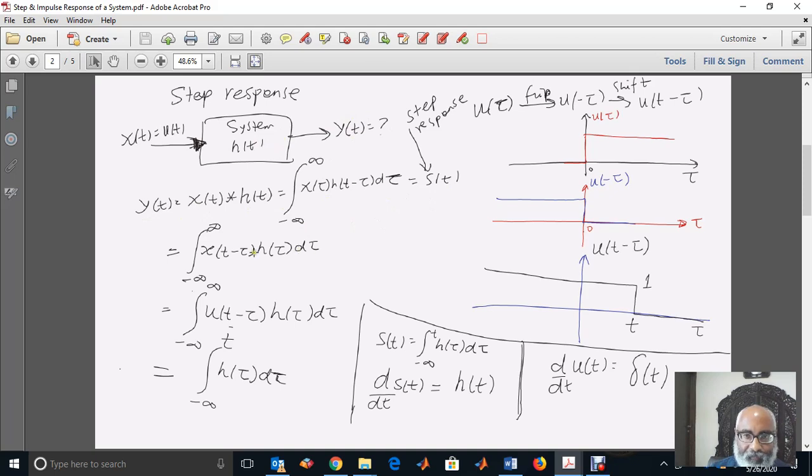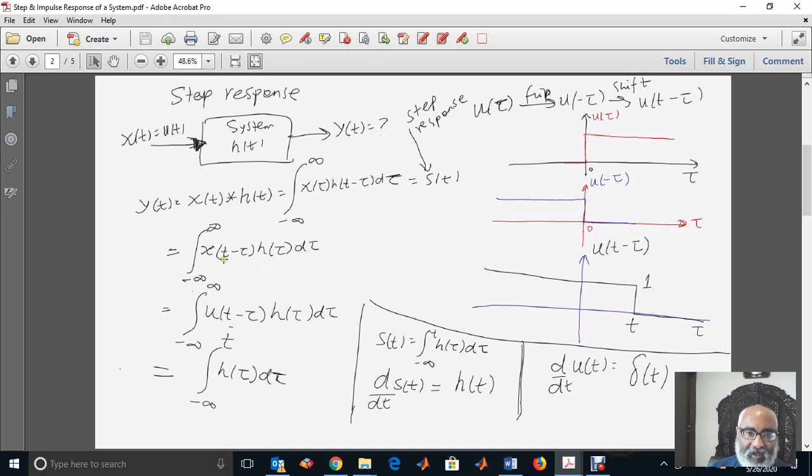So x(tau) now is our u(t). Now using the convolution commutative property, this is also the same as h(t) convolved with x(t), which is the integral of h(tau) x(t minus tau) d tau.